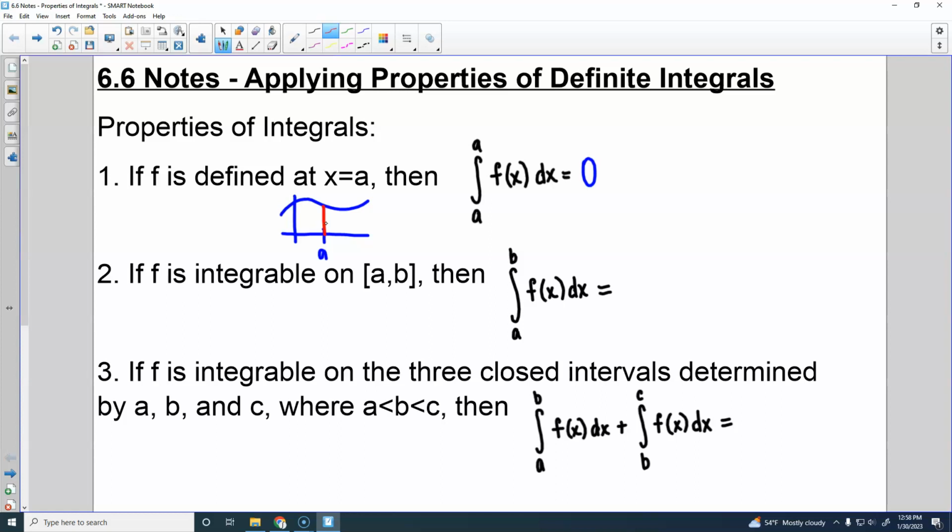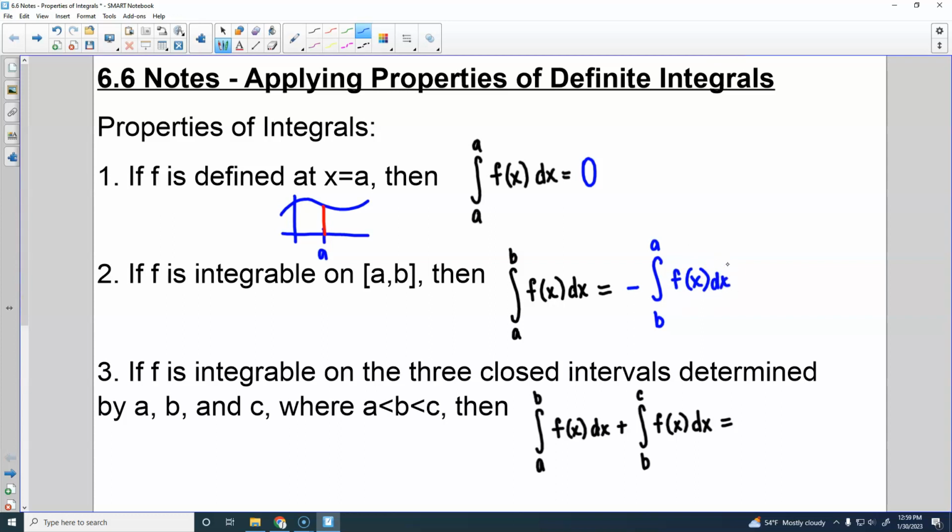Our next property that we're going to look at is that if f is integrable from a to b, if we can take this integral, then the integral from a to b of f of x dx is going to equal negative the integral from b to a of f of x dx.